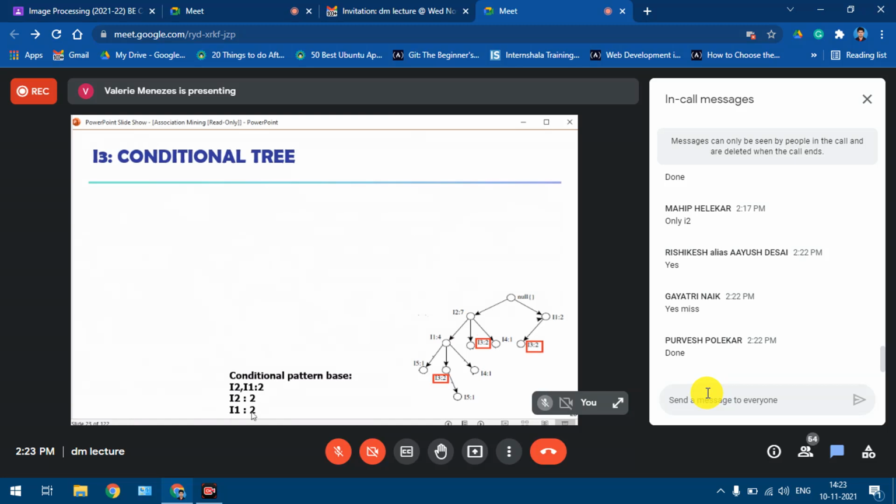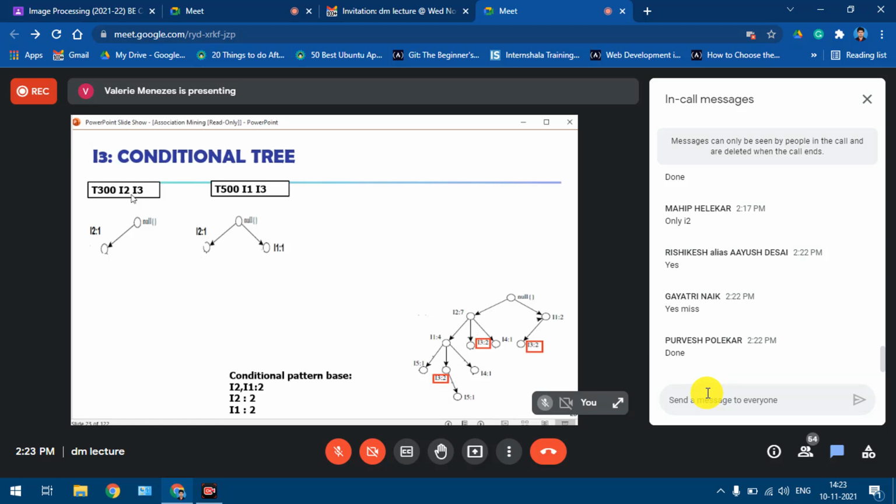Now let us look at the transactions which contain I3 at the end. The first transaction and the third transaction are I2, I3. So here you plot a node for I2. I3 is a suffix, so we don't consider it. Then I1, I3. We don't have a node I1, so from the root we create a node for I1.